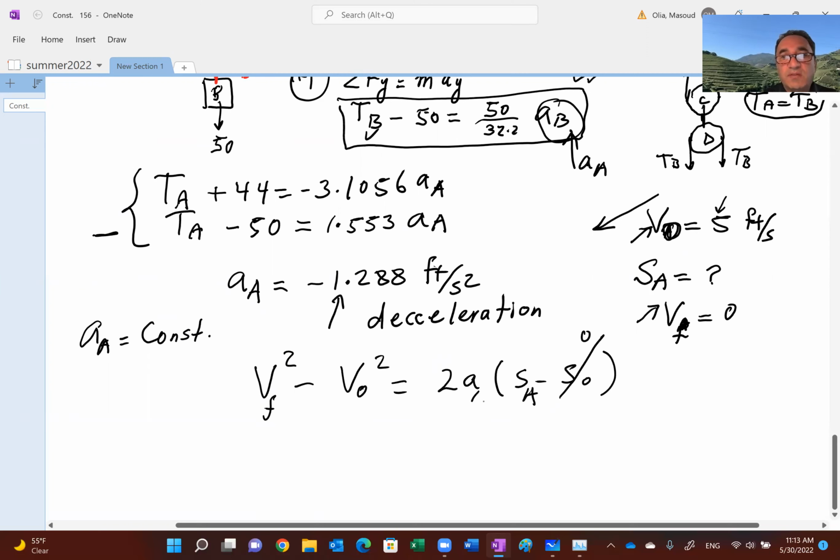This is our SA, and this is the acceleration of A. So final velocity 0, initial velocity 5. Acceleration, remember, is negative 1.288, which implies deceleration, and then times SA. So we go ahead and solve for SA, which happens to be about 9.7 feet, guys.